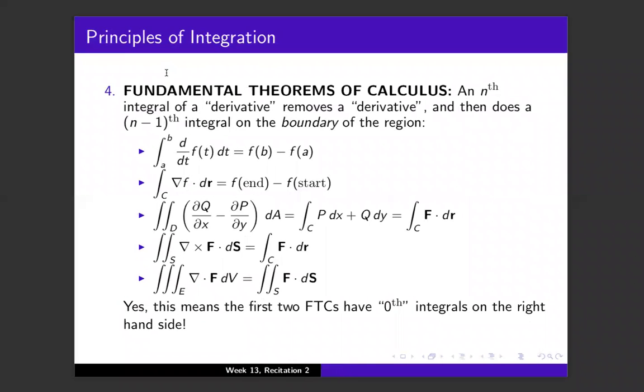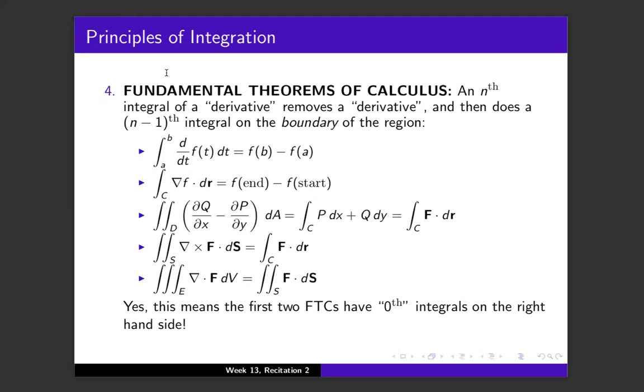And finally, the fourth principle is the fundamental theorem of calculus. There are several different versions of this that we've seen at this point for different contexts. What it all basically boils down to is that if you're taking the integral of some kind of derivative, then that's the same thing as undoing one of those integrals, which is what I mean by an n-1th integral, and then integrating on the boundary of the region.